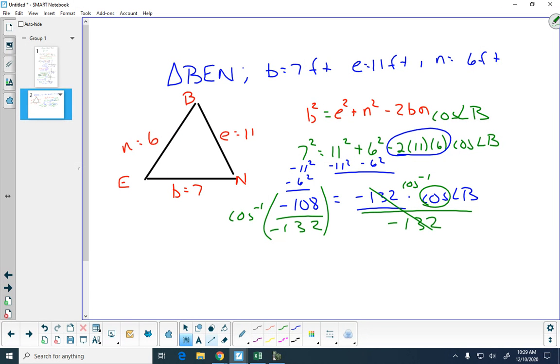These two negatives would cancel out. Negative divided by negative will give you a positive. So you do your inverse cosine. And I have it incorrect on the worksheet. For some reason, I got negative 121 rather than 132 there.